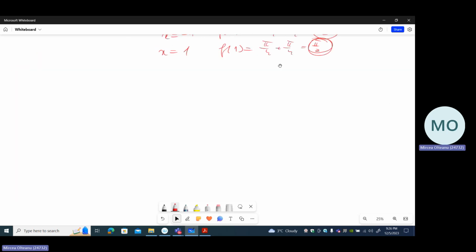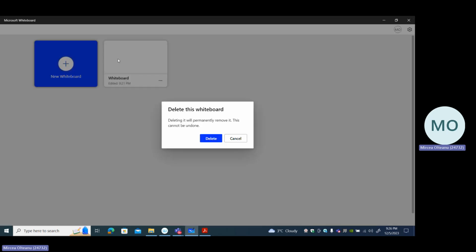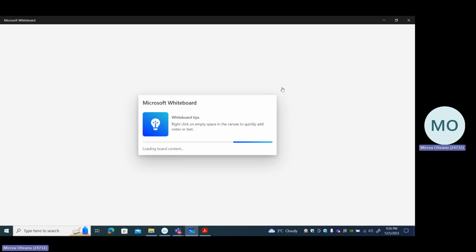Let's consider another exercise of the same type. So here what we are doing is to see how we can use derivatives to study functions.